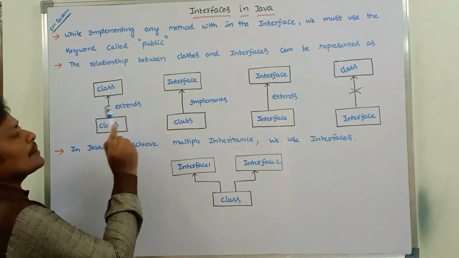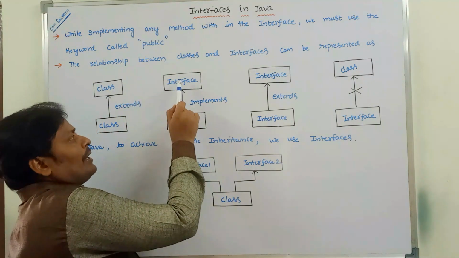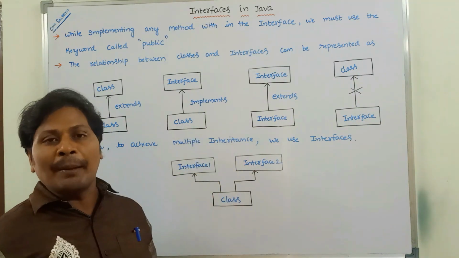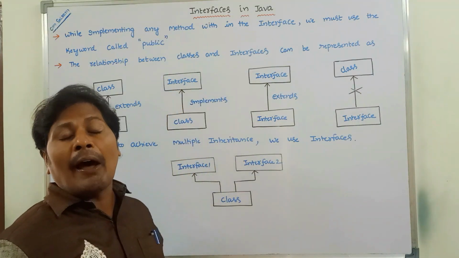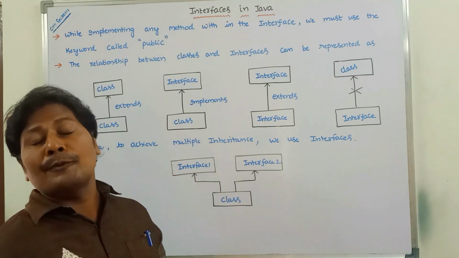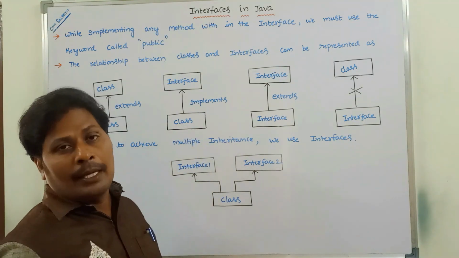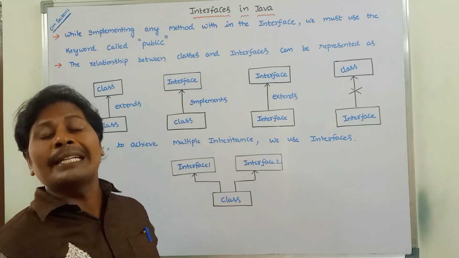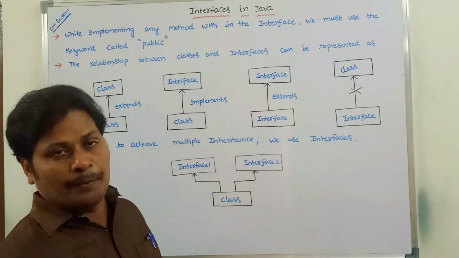Next, between an interface and a class, we have to use the implements keyword. Whatever methods are present within the interface, to implement those methods we use the implements keyword, by which we provide the implementation details for the methods present within the interface.